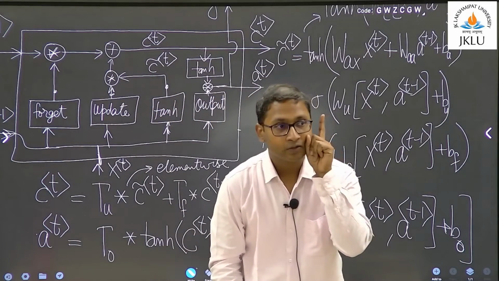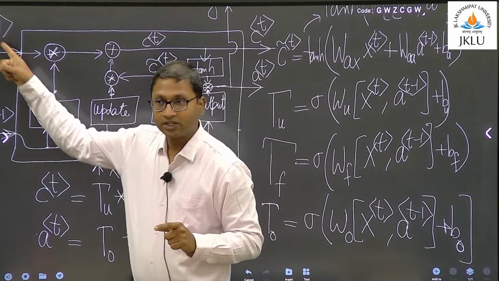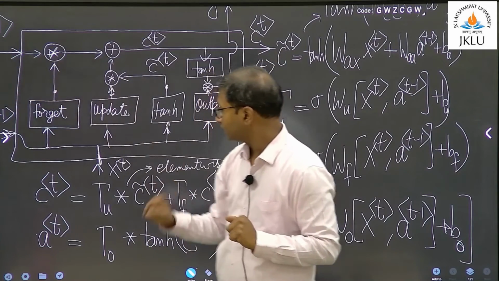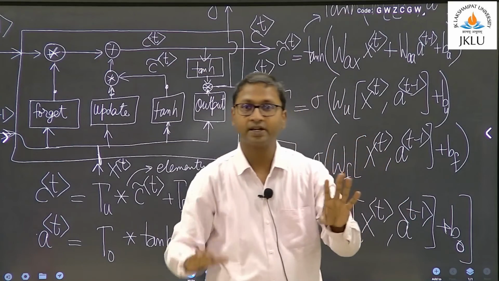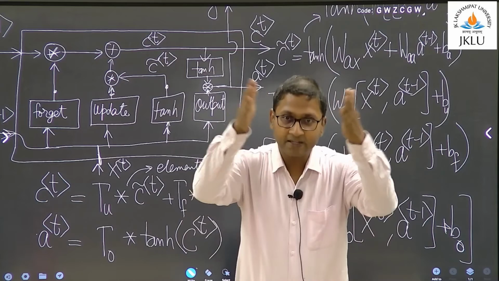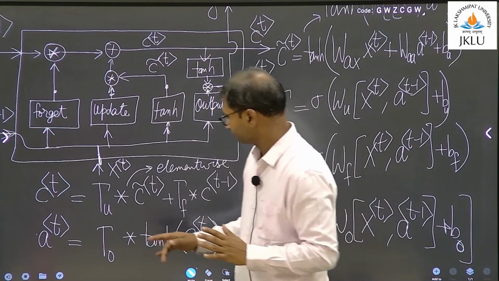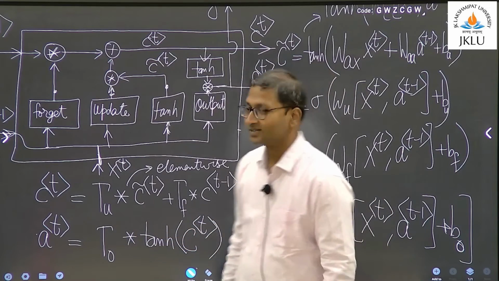Number of neurons in the hidden layer. So these two will be same, outgoing will be same as incoming. What are the dimensions of XT? 300 cross 1. Where is this 300 cross 1 coming from? We are saying our word embedding size is 300 cross 1. This is what it is.